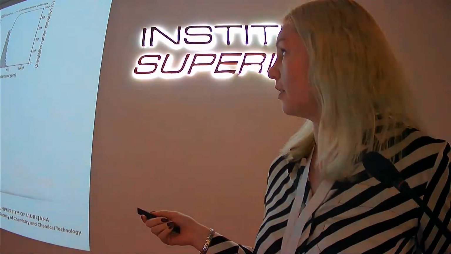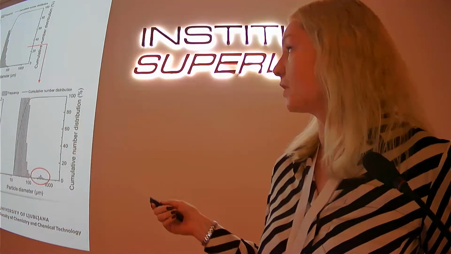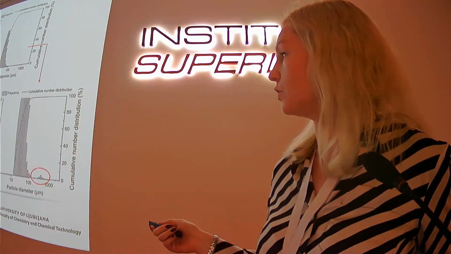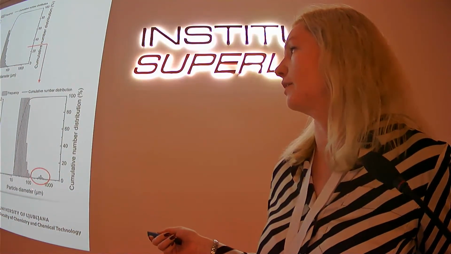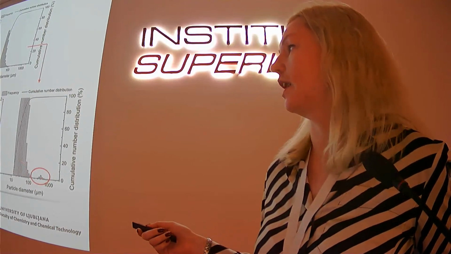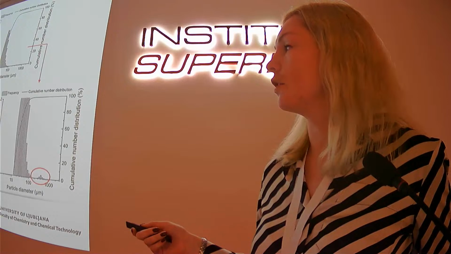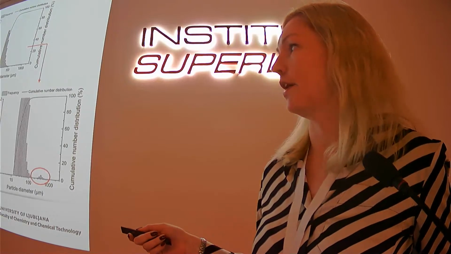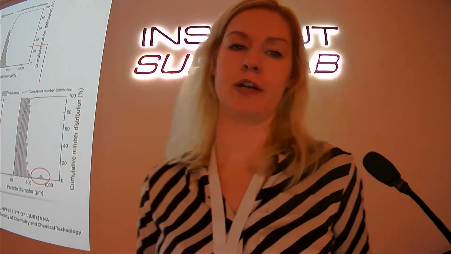And if you look at this graph more closely, you can actually see also the larger particles, but in very low amount, because, like I said, many more smaller particles were present in comparison with the larger particles.